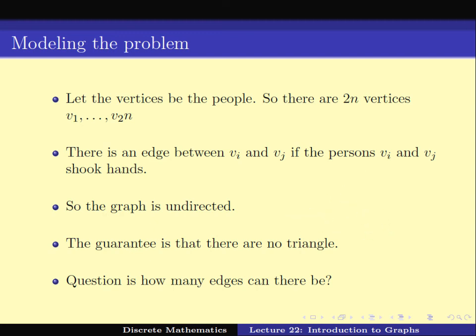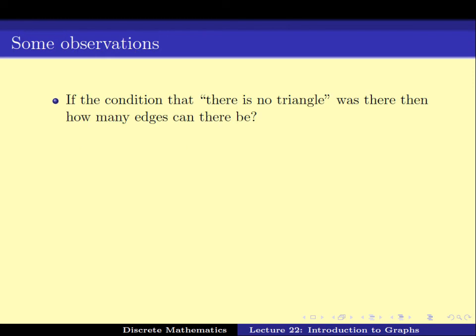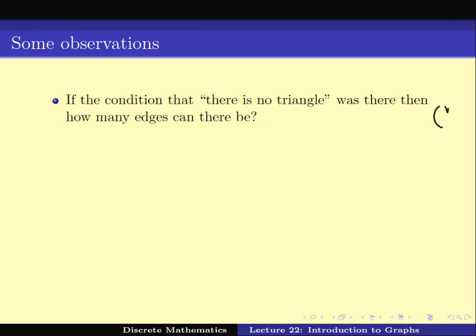So we have converted this problem into a nice problem in graph theory. Quick observation: if the condition of no triangles was not there, then how many edges can there be? It would be all the possible edges in a graph, which is of course n choose 2, as we saw some time ago.